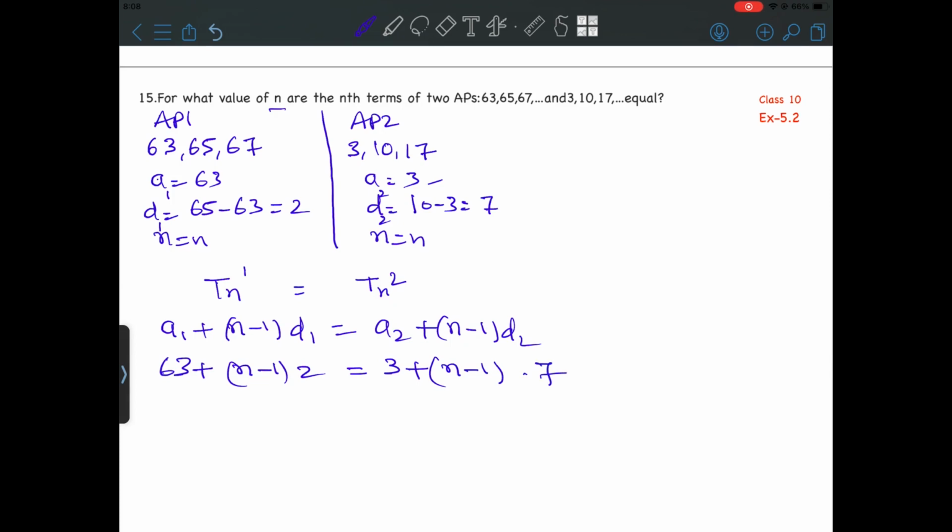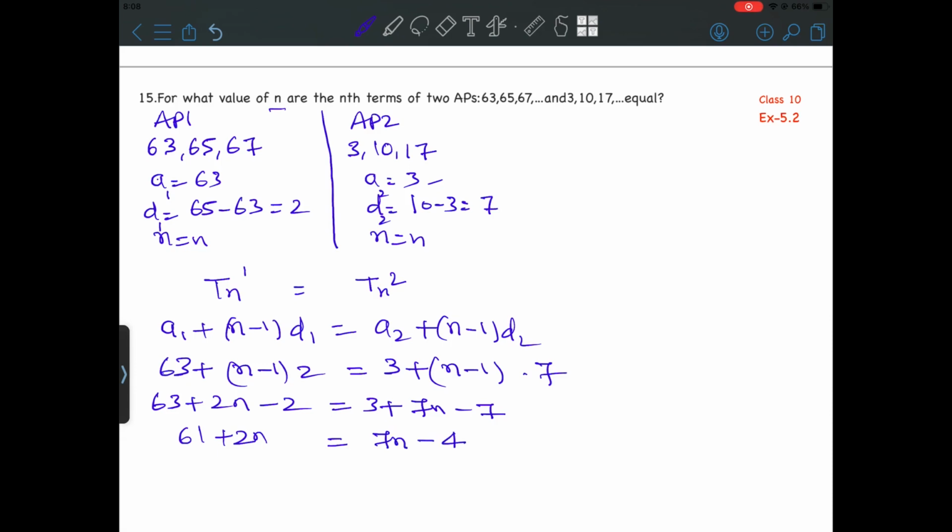So now let's solve this equation. So 63 plus 2n minus 2 is equal to 3 plus 7n minus 7, right? So now it will be 63 minus 2 is 61 plus 2n is equal to 7n minus 4, right?